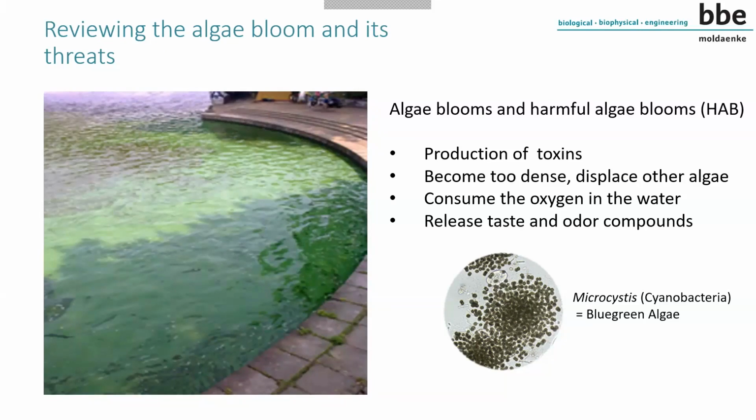But besides this, we also have harmful algae blooms because they can produce toxins. These small, microscopic organisms produce inside metabolites which are toxic to humans, to cattle, to everyone, also to some water organisms. So when they bloom, this means that they become very dense.